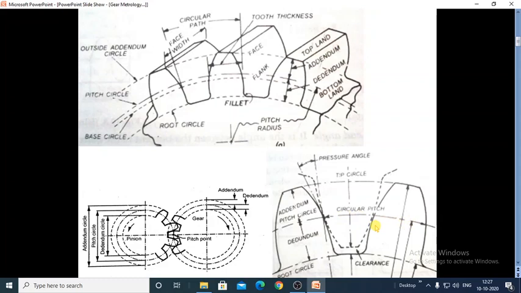It is the arc distance measured along the pitch circle from a point on one tooth to a corresponding point on the adjacent tooth. The formula of circular pitch is pi into d divided by t. Here d is the pitch circle diameter, t is the number of teeth, and m is the module.